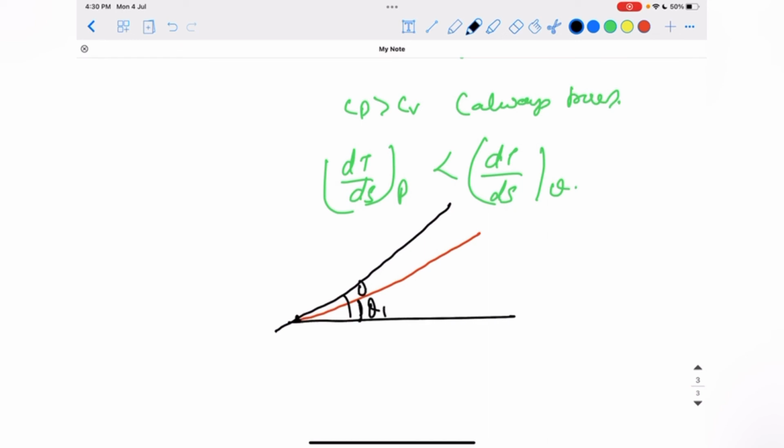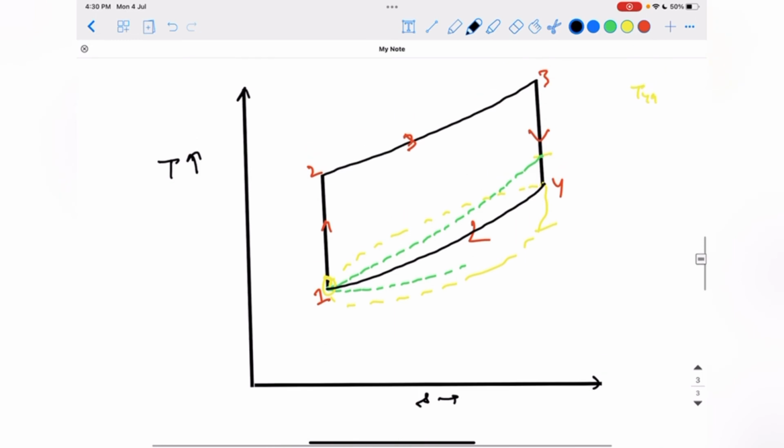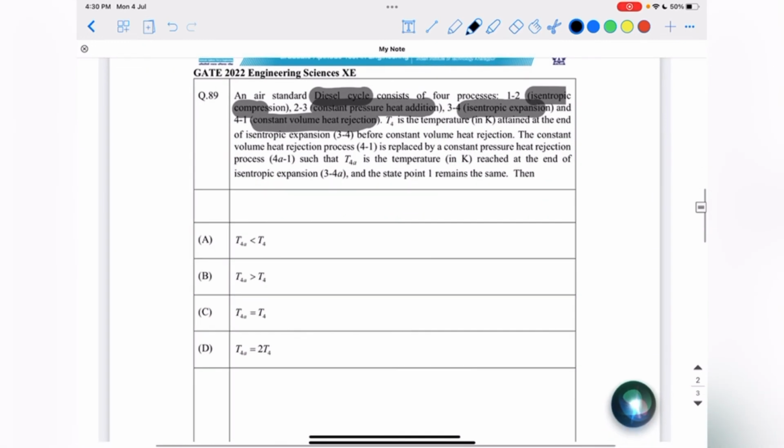So this is theta 1, this is theta 2, and theta 2 is greater than theta 1. So from the given diagram I can easily see that if this line is replaced by a constant pressure heat rejection process, the slope will go like this and we will get T4A at this point. So from the given options, T4A will be less than T4. So option A will be the correct answer.